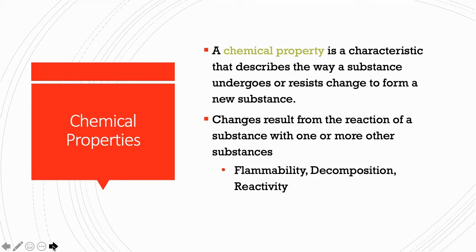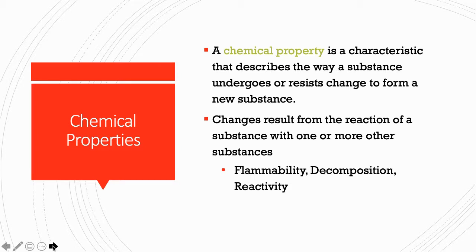But a chemical property is a way we can describe a substance to talk about what kind of changes it might undergo. And the three I really want you to know here are, is it flammable? Will it decompose? And will it react? So these properties are flammability, decomposition, and reactivity. These are the three big ones.